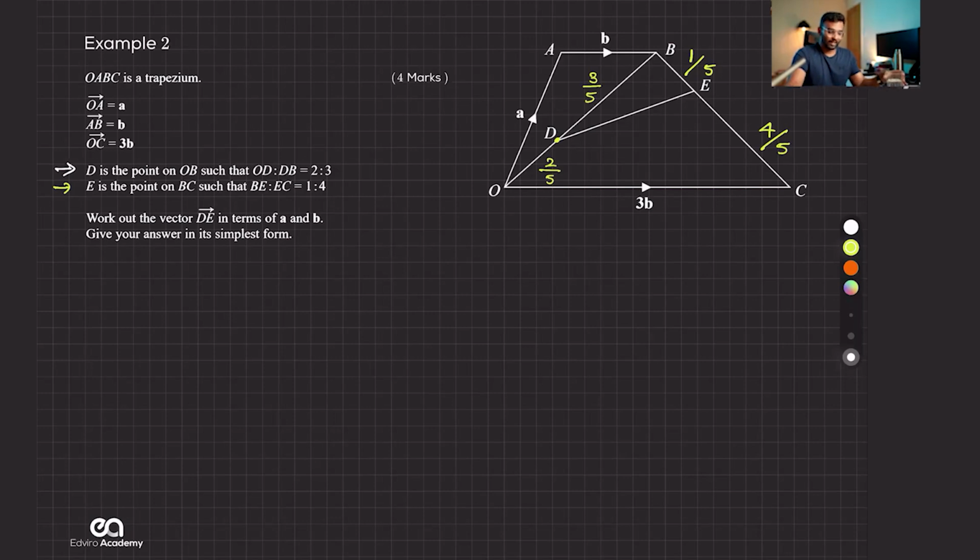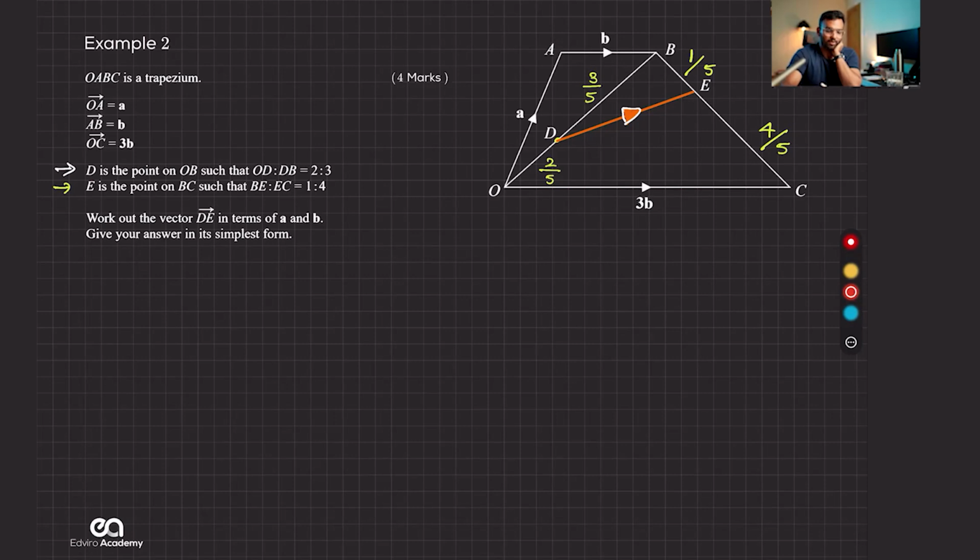Let it be there. Okay, let's see. Work out DE. We've got to work out the orange line in this direction, D to E. Okay, that's what we need to do. What do you guys think? There are 2 ways to do it.